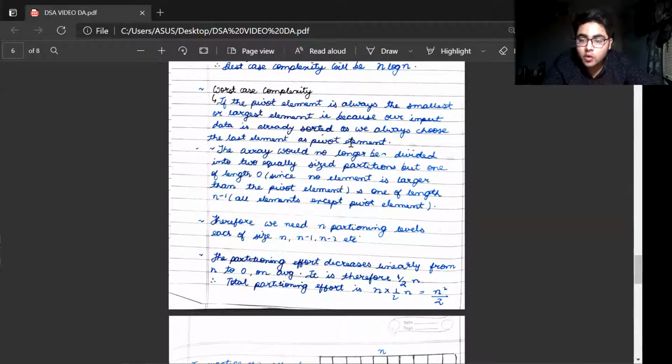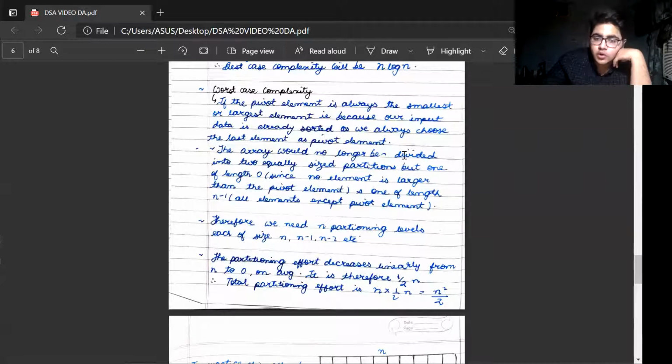If the array is already sorted, in ascending or descending order, then it is obvious that the last element would be the greatest or the smallest, so it can never act as a proper pivot element, because on one side there will be n minus 1 elements, all the elements excluding the pivot element, and on the other side there will be 0 elements. If this kind of scenario exists, then we can't calculate the time complexity properly. So that's the worst case, where it requires the maximum number of steps to achieve the desired output.